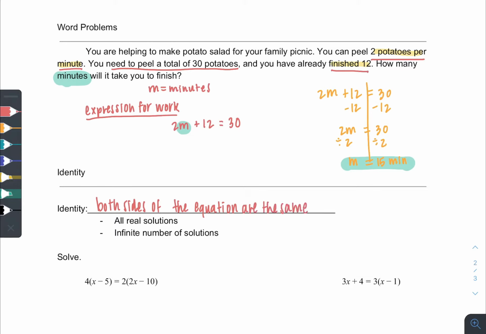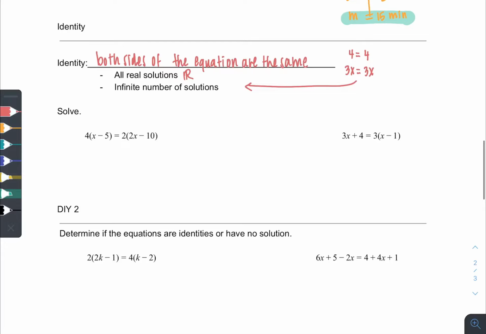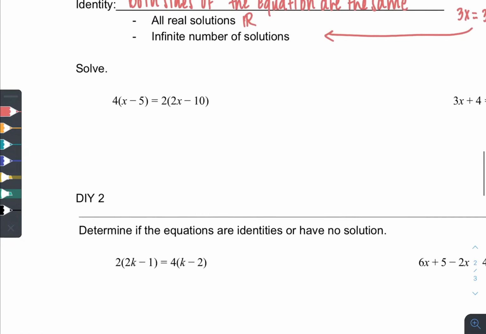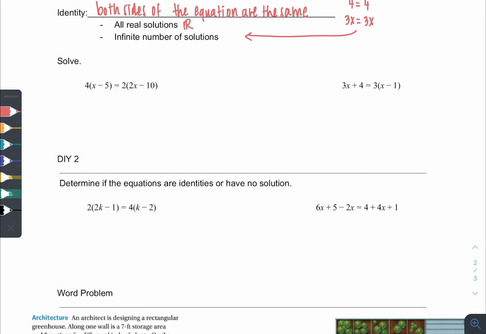So when that happens, we get all real solutions or an infinite number of solutions. So that's going to be something like 4 equals 4, or 3x equals 3x. And when that happens, these would be our solutions. So let's jump into some examples here. I'm actually just going to do one of each for the sake of time. So we're actually going to skip these ones over here.